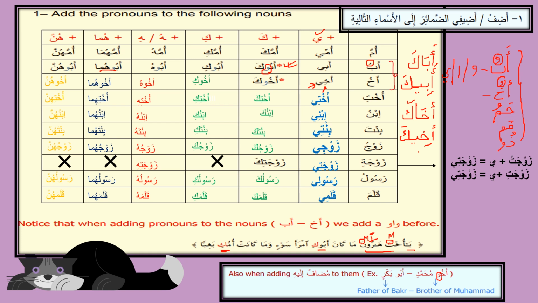So akhuki or akhuka, these are all idafa because akh is a noun, and attaching the attached pronouns with a noun is always idafa. So here also Akhu Muhammad, Abu Bakarin, they are all names coming in idafa. So if they are in marfu, they take a waw to show the marfu position.